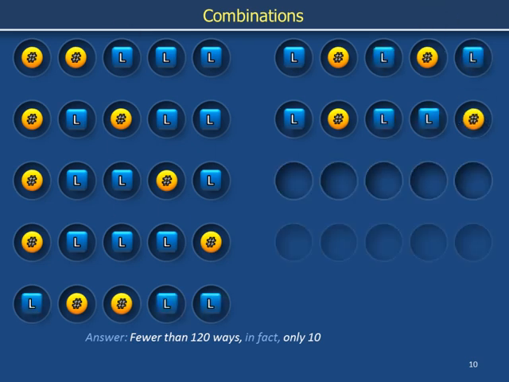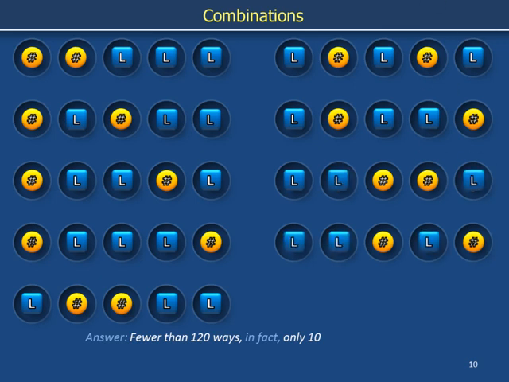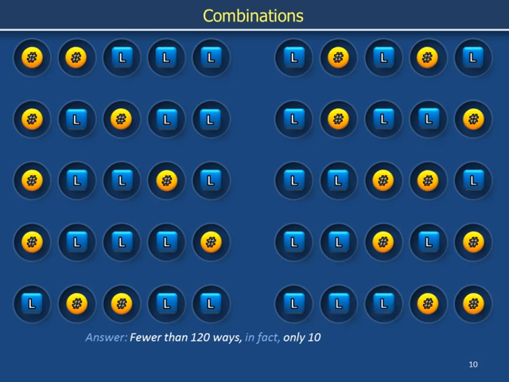If the leftmost number occupies neither the leftmost slot nor the next slot over, it might be in the middle slot, leaving 2 positions for the other number to take. And finally, the numbers might occupy the 2 slots farthest to the right. These are the 10 ways to arrange 3 identical letters and 2 identical numbers.